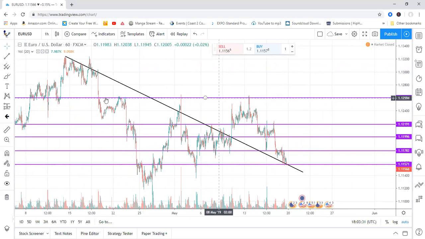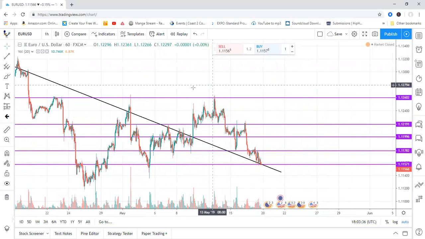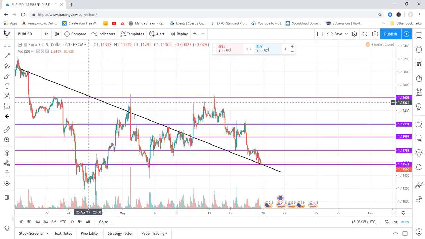Very commonplace, it already has built up, and it has gone down, and now it has gone to a more commonly supported area right here, and also a more common support area for this trend line and for the support resistance price reversal zone as well.